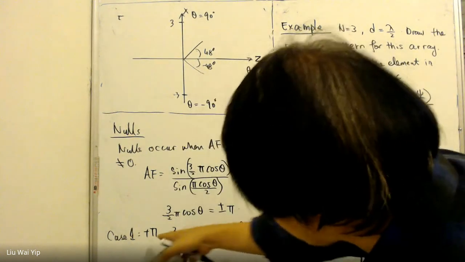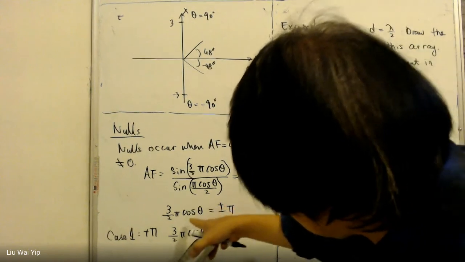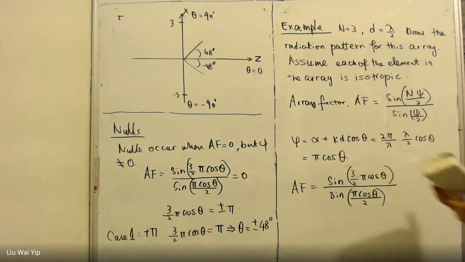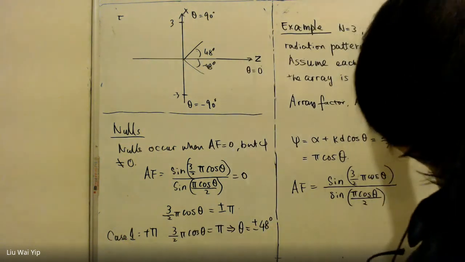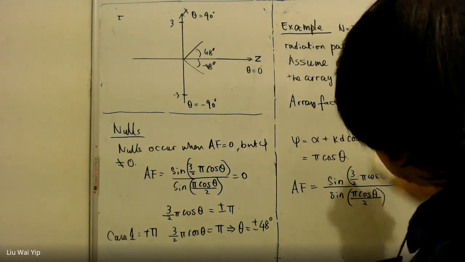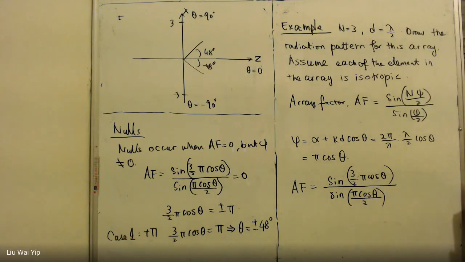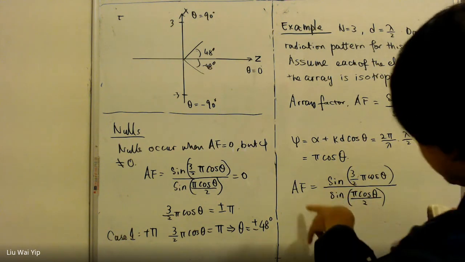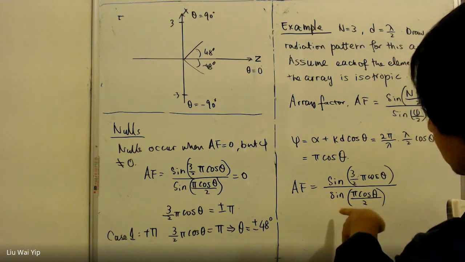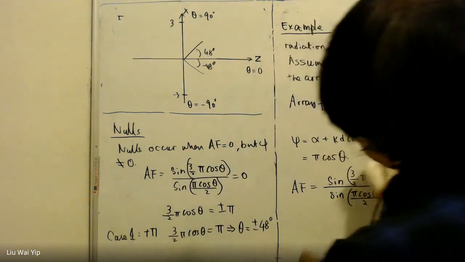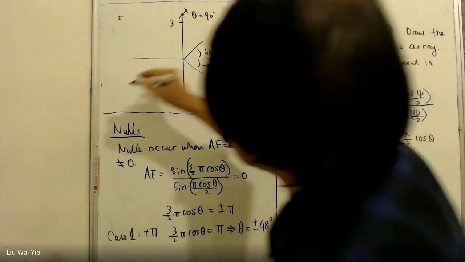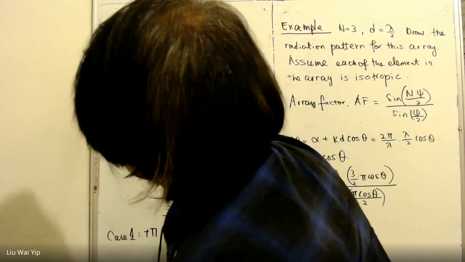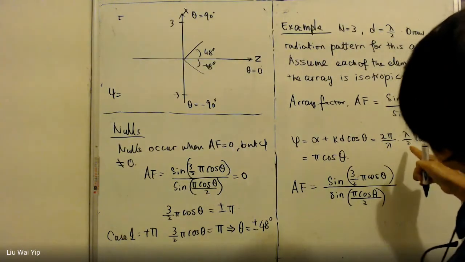And now we can continue to solve this problem. We have already worked out the case when this angle becomes plus pi, and we have not worked out minus pi, and we are going to continue here. Let's keep it here, and then here, maybe you need to write down pi cosine theta, otherwise you forget it.